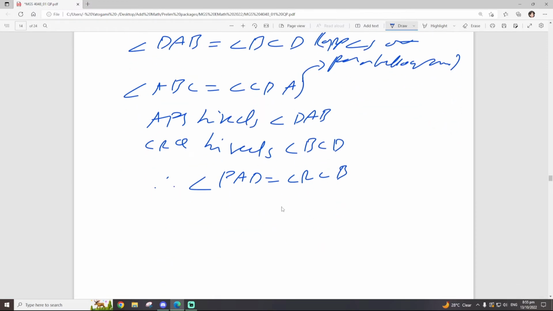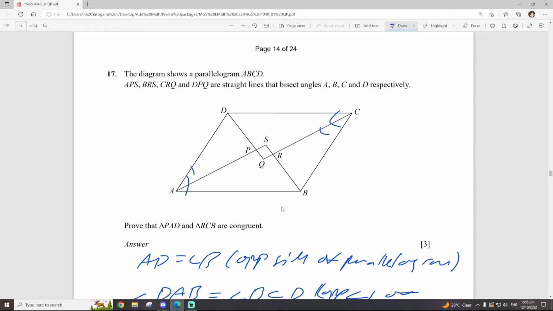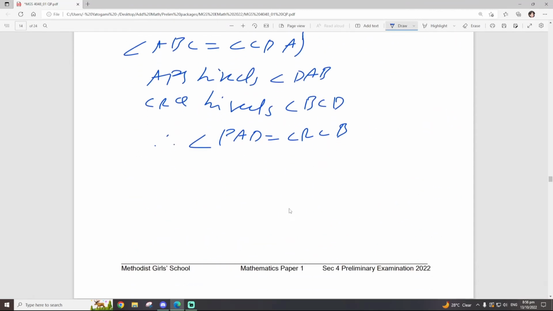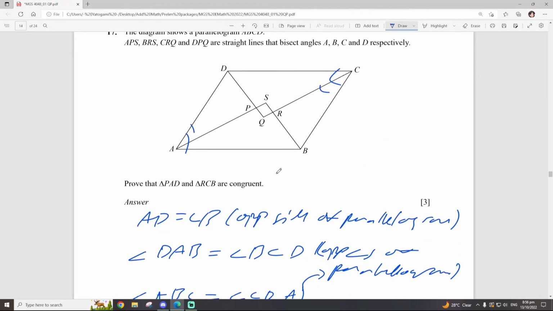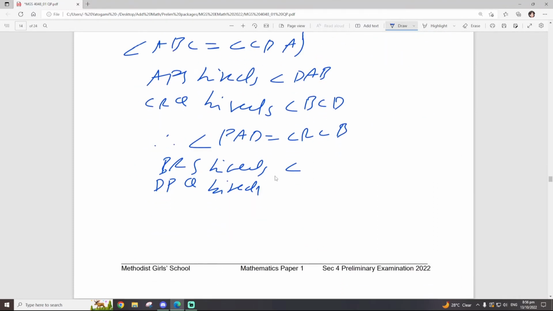So for the same reasons, BRS and DPQ. This bisects and this bisects angle ABC and CDA.